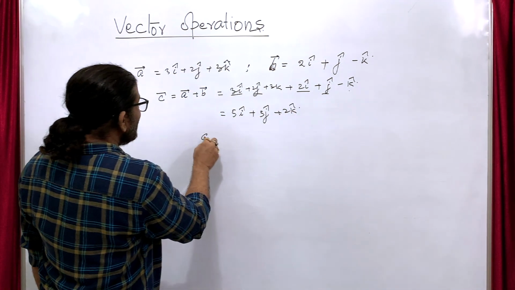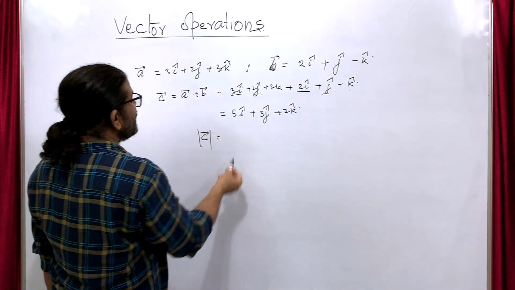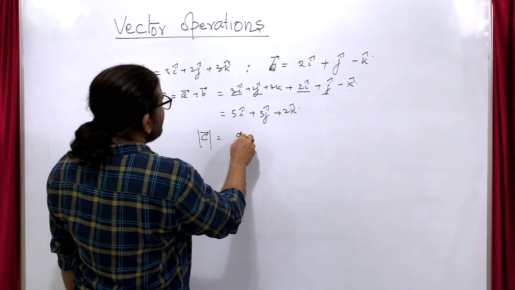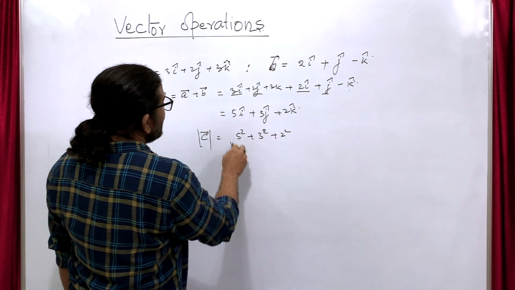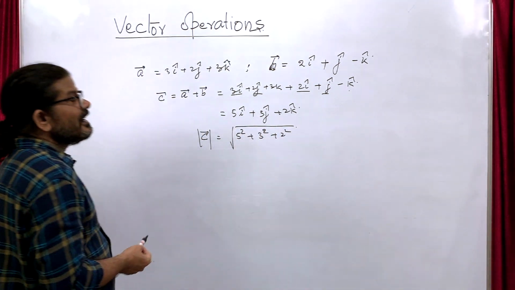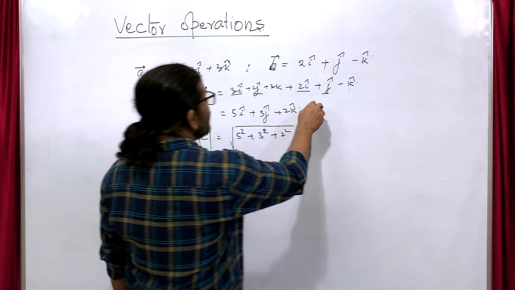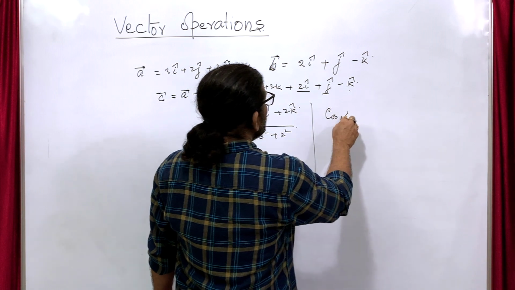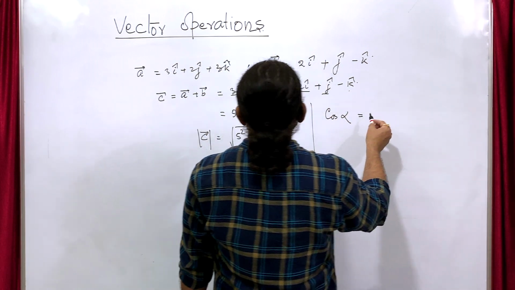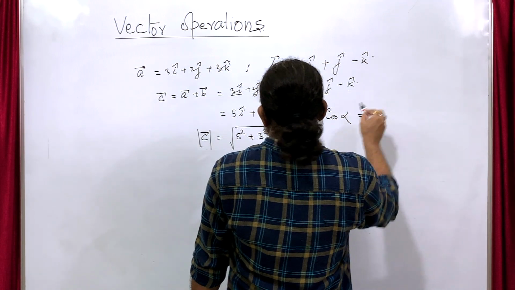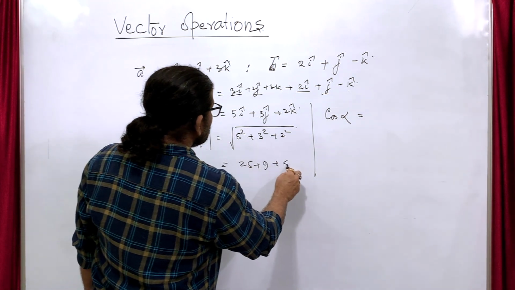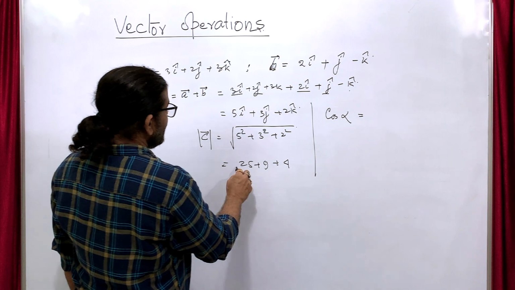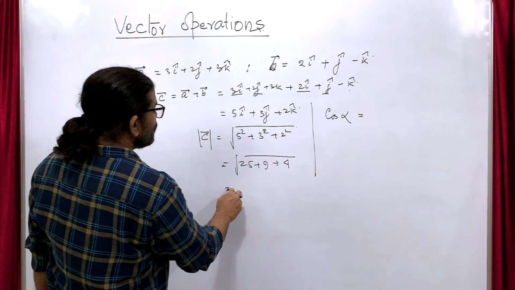Therefore magnitude of C will be equal to square root of 5 square plus 3 square plus 2 square, and similarly you can also calculate cos alpha.